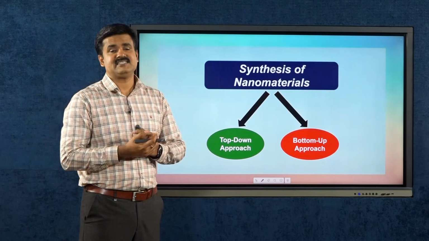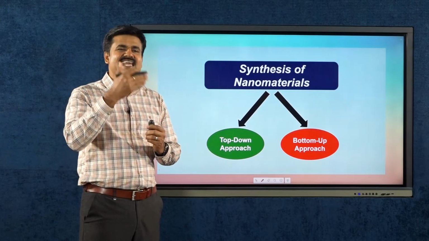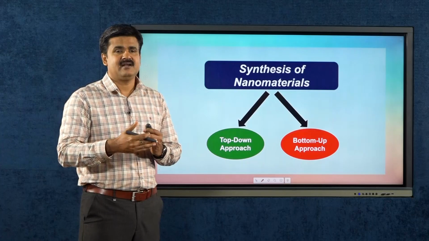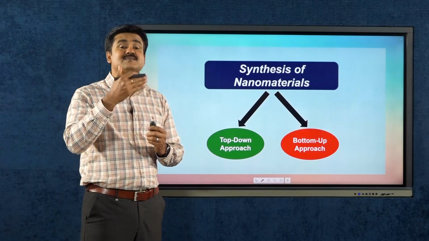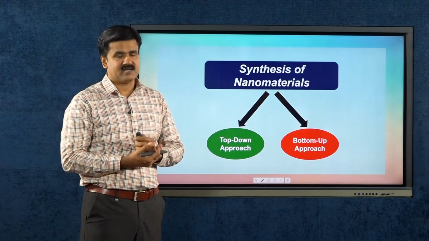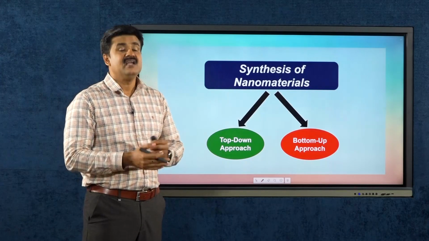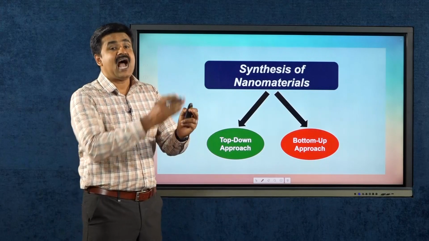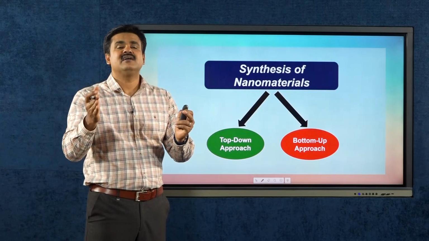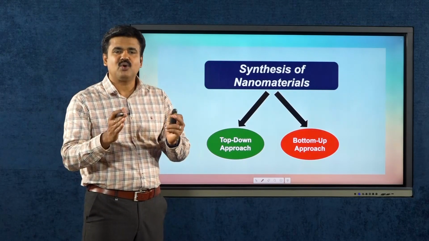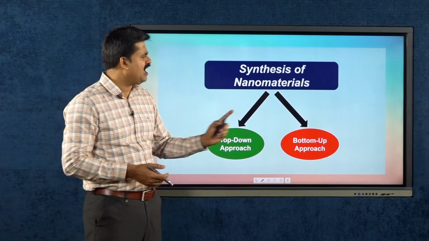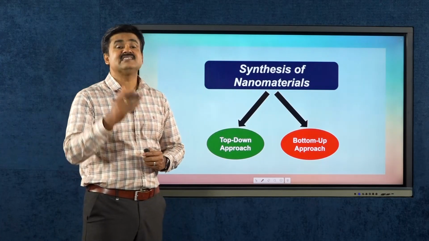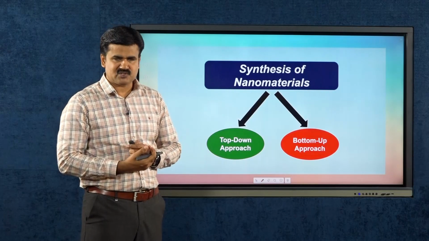A bulk material is scaled down, broken down into small nanoparticles. That is, we begin from a bulk material and gradually scale it down into small nanoparticles. And the next one is an exactly opposite approach.